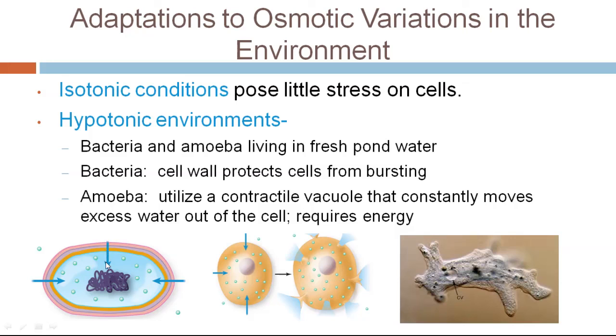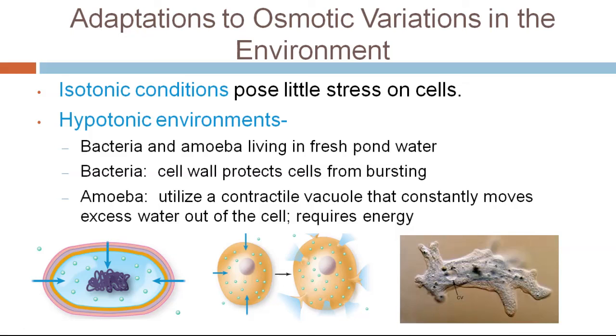Water flows into a hypertonic solution because that's less water. And water flows from high to low concentration. So when that water flows in, our bacteria are okay because they have the cell wall. They don't really have to do anything special. They can survive. They're fine. If you're an amoeba, you're going to explode. You don't have a cell wall.